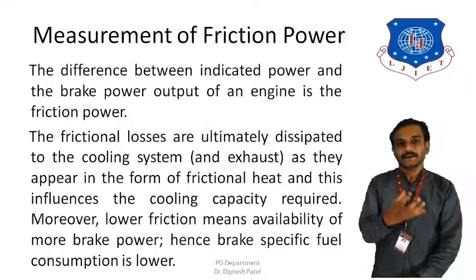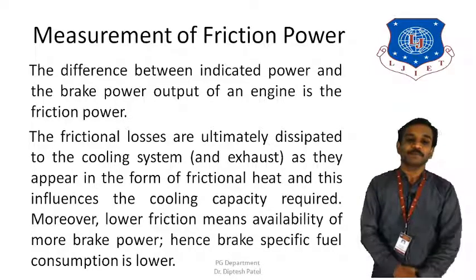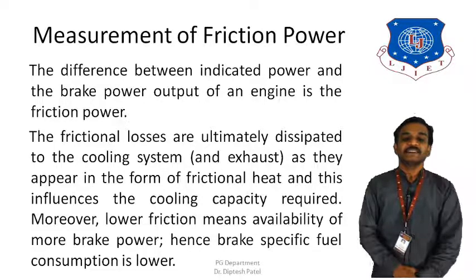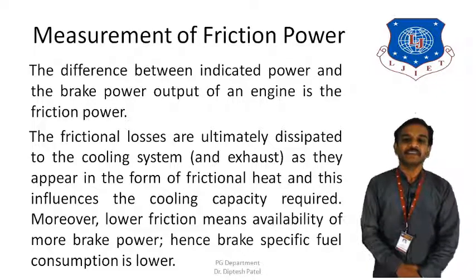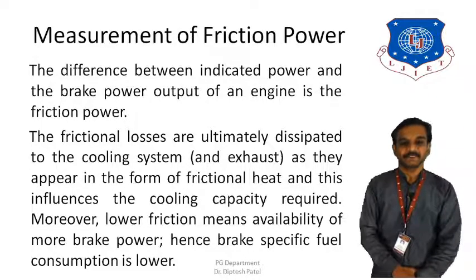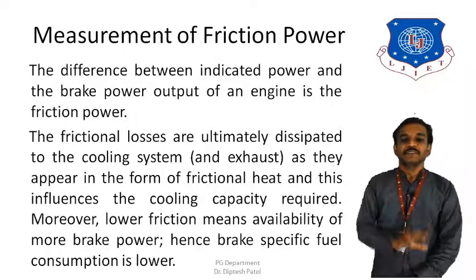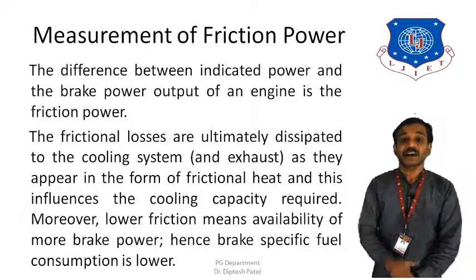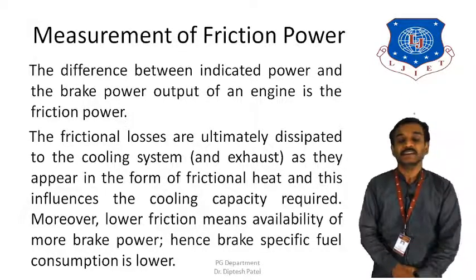It takes away a certain amount of the power, and these losses are normally converted into heat, which is dissipated with the help of the cooling system and the exhaust. So all these friction losses appear in the form of heat, and they also affect the cooling system. If the friction is higher, there would be a chance of much more heat being generated, and therefore we require an effective cooling system as well.